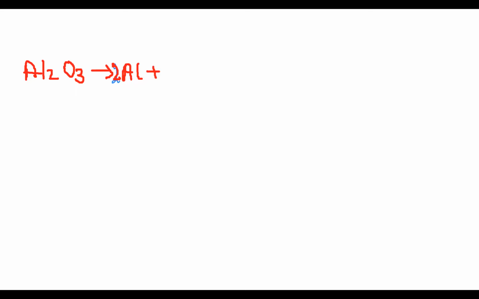You need to balance. So O3 is not oxygen. O3 is ozone, and ozone does not form. This is not the correct one. The formula of oxygen is O2. Then what will you do? Then I'll add 3 in front.